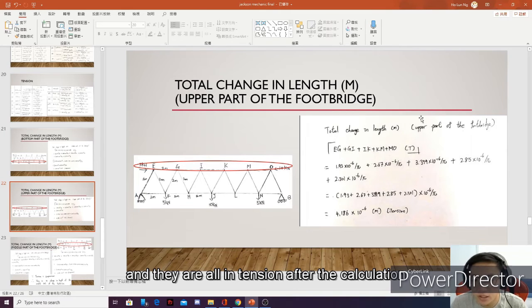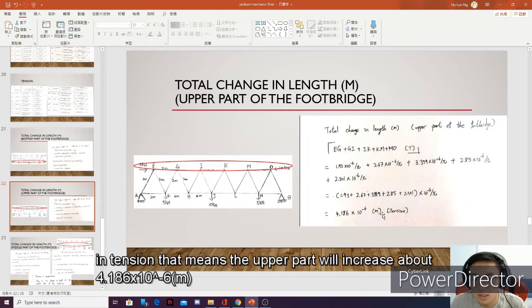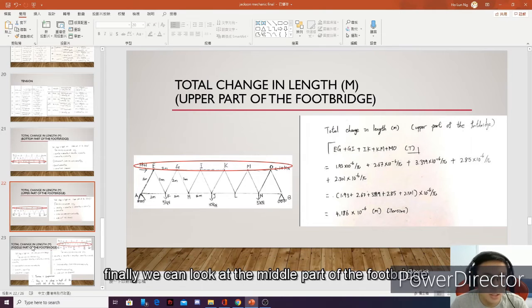After calculation, the change in length is 4.186 times 10 to the power of negative 6 meter, and in tension that means it will increase by about 4.186 times 10 to the power of negative 6 meter.